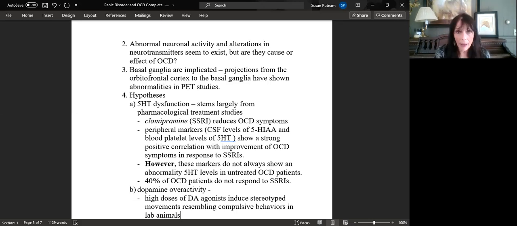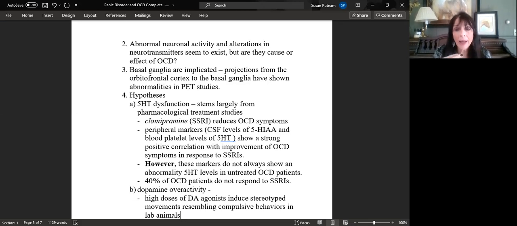Another line of evidence that is promoted in terms of the serotonin dysfunction is that peripheral markers of serotonin show a strong positive correlation with improvement of OCD symptoms in response to SSRIs.